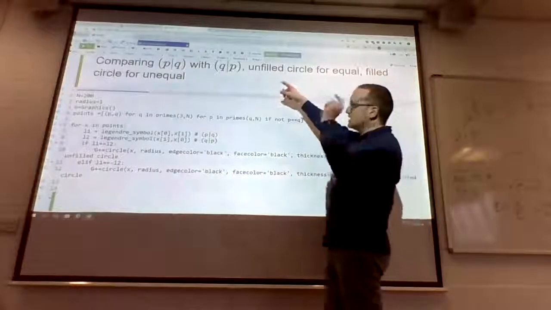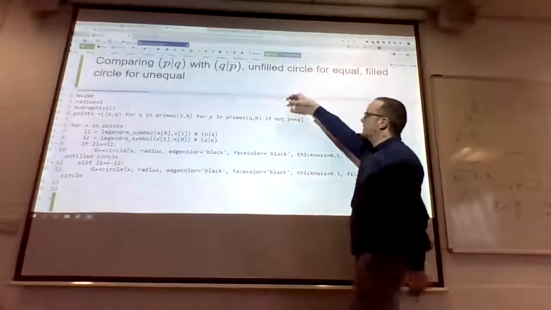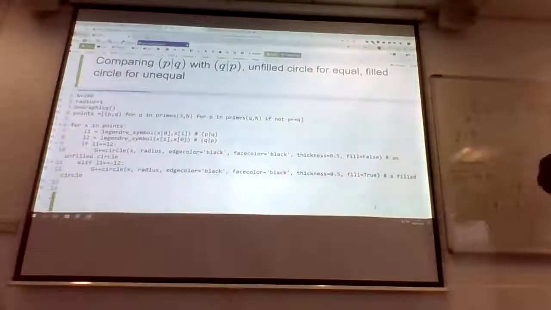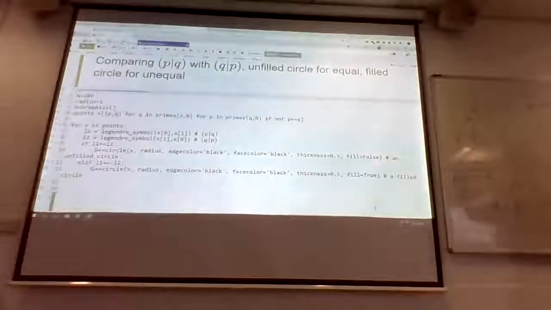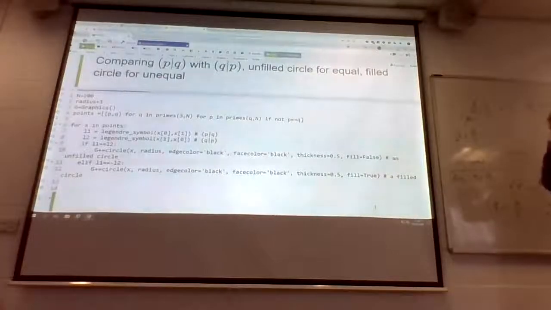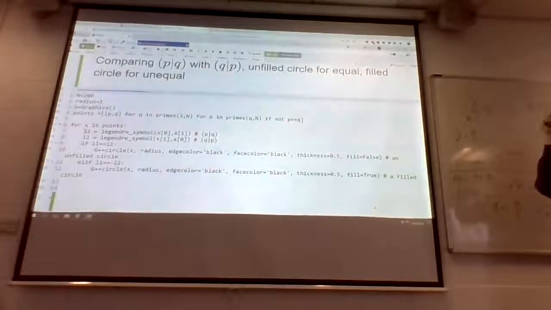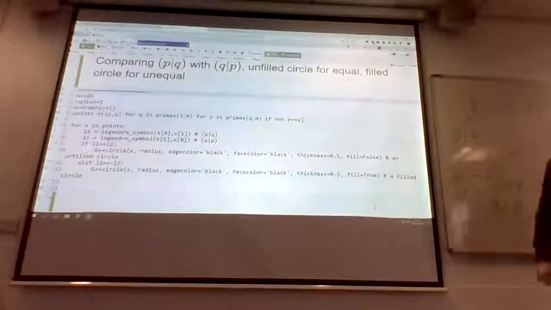This time I'm going to plot black circles, but I'm going to have an unfilled circle to say that the Legendre symbol PQ is equal to the Legendre symbol QP. So if the two points have the same status, either they're both residues or they're both non-residues modulo each other, then I'm going to have a white unfilled circle.